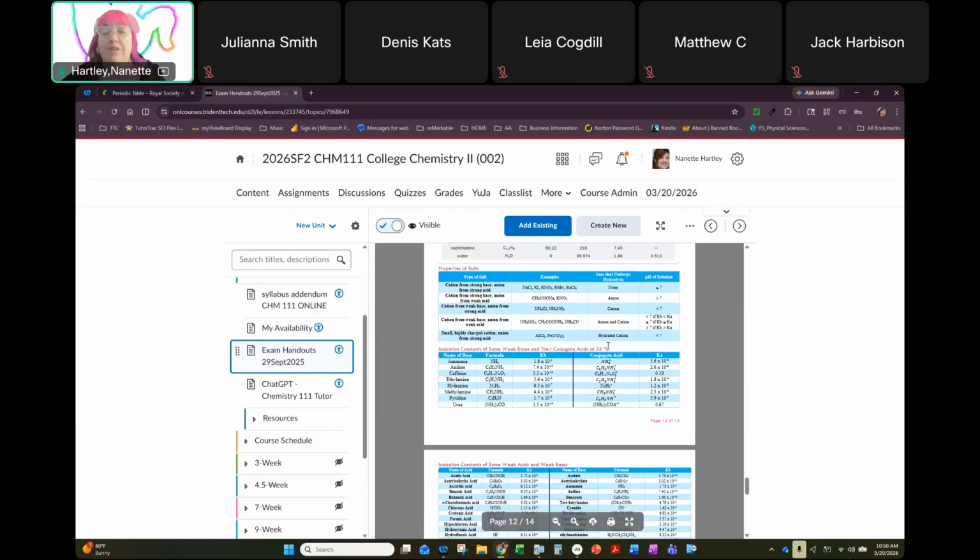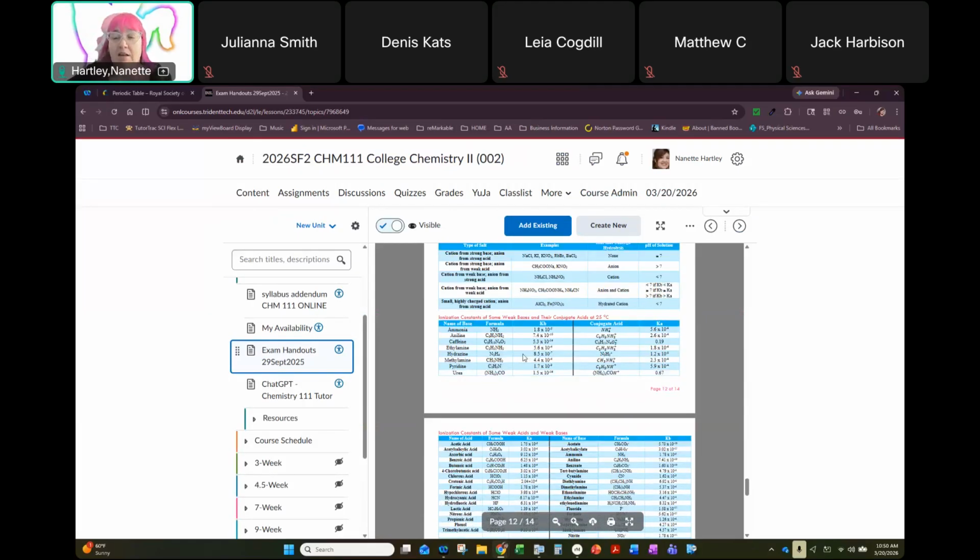The thing is, just because it's not in the list of weak acids or weak bases does not mean that it's strong. That's why I present the strong list: if it's not on the strong list, it's weak, whether or not it's listed here.